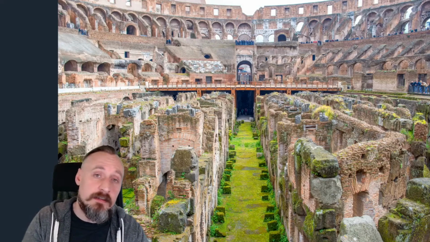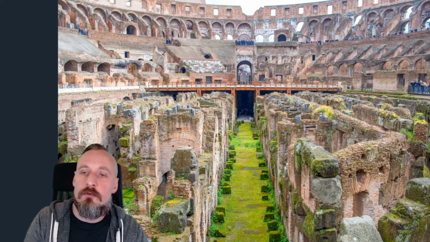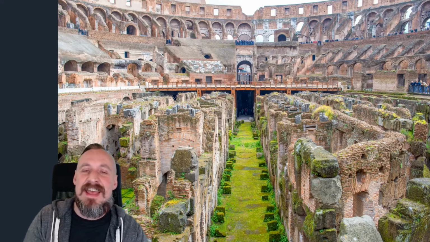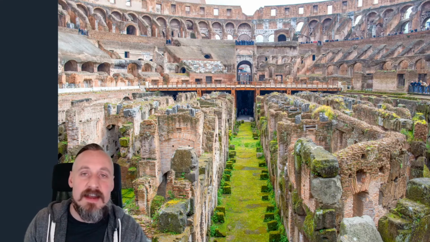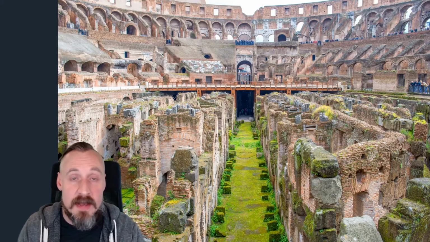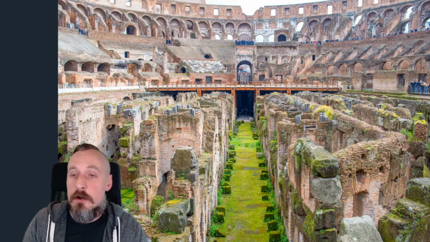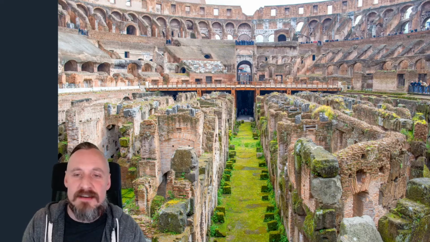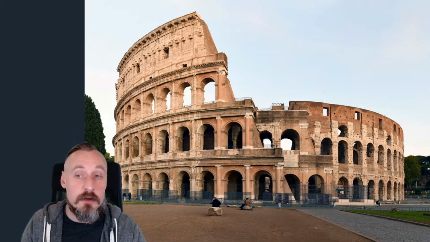And I have found out recently that they have plans to build a new floor in the Colosseum and new seating. This was recently decided so that they're going to have performances of different kinds in the Colosseum again. I don't know if they'll be having animal fights or fights to the death, probably not, but it'll be exciting to see what they're going to do.